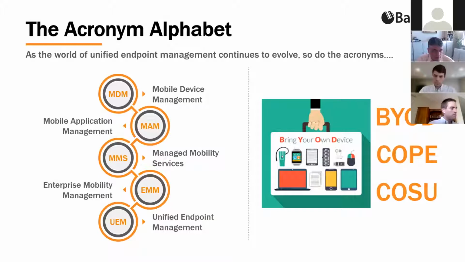The current phase has turned into Unified Endpoint Management, UEM. This is the current acronym that many solutions are now pushing in their marketing and sometimes in the product name as well. It encompasses all the different devices that a company may have, from IoT to PCs, laptops, and of course mobile devices, which everybody has.